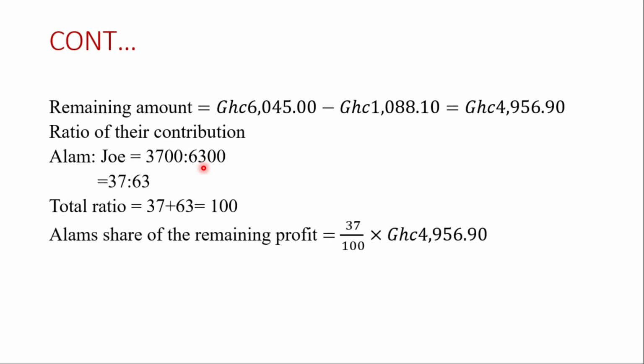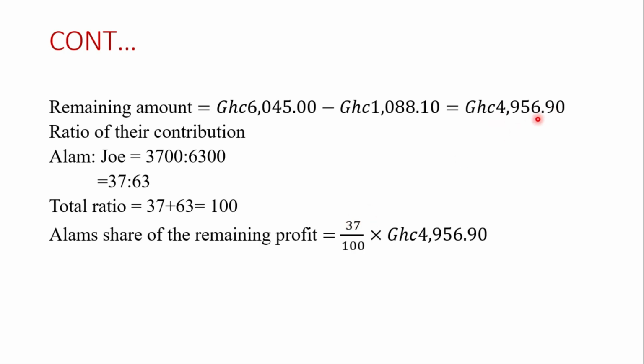Now how much did Alam receive of the remaining profit? So 37 over the total ratio. So we're going to get the proportion of somebody's share. You pick the ratio of that particular person all over the total ratio multiplied by the amount they are going to share.